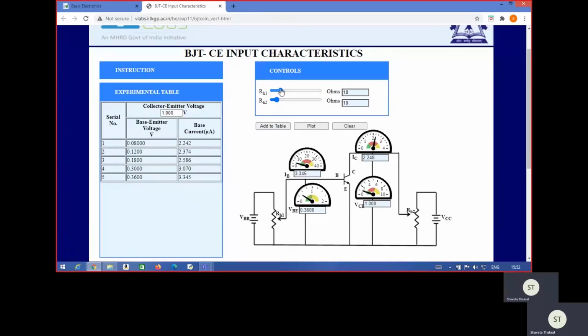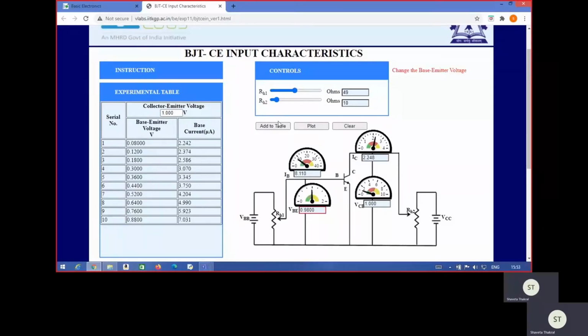Then we again increase the value of VBE and accordingly IB is also changing. So we will have some readings so that we can plot the graph between VBE and IB like this. We keep on increasing the value and accordingly we can see IB is also changing.